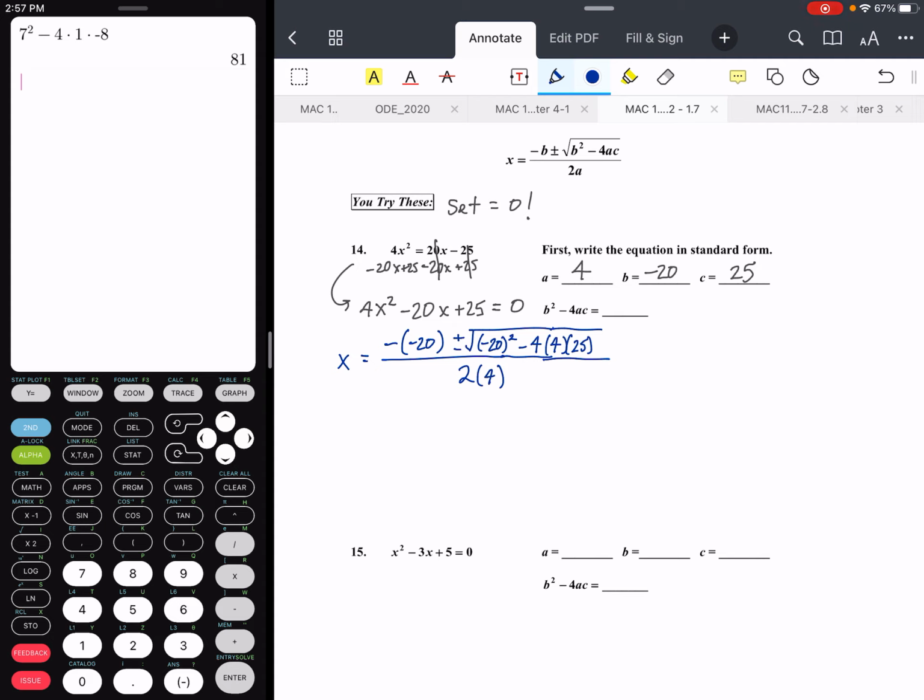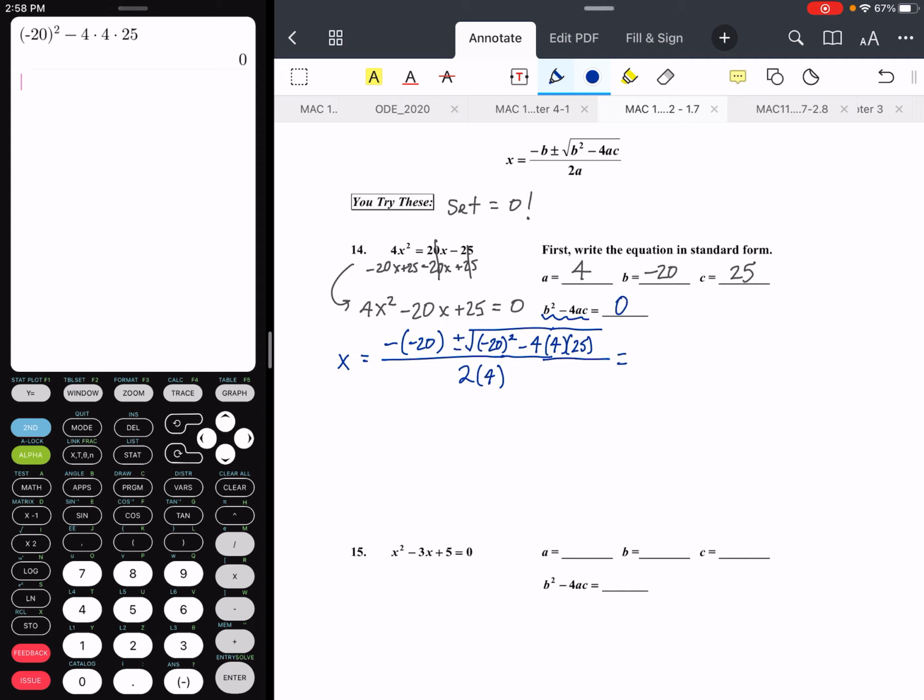Okay, so let's pause and figure out what b squared minus 4ac is underneath that square root. Typing this into your calculator, I'm going to type it just like I have it. So in parentheses, negative 20 squared gives us our positive 400, minus 4 times 25, gives me 0.